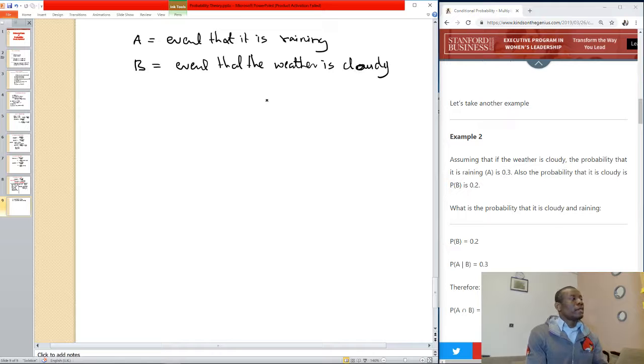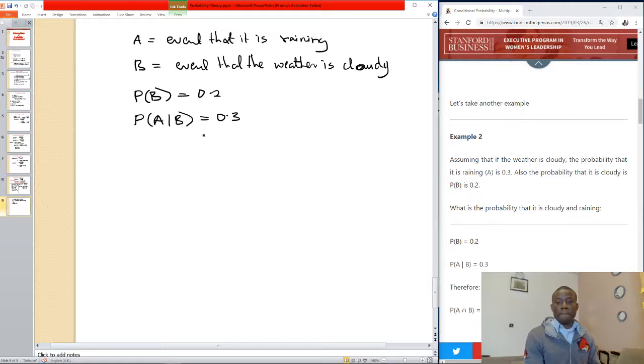Okay, so probability that it is cloudy we are given unconditionally to be 0.2. And now we have the probability that it is raining given that the weather is cloudy is 0.3. So the probability that it is raining given that the weather is cloudy is equal to 0.3, right?